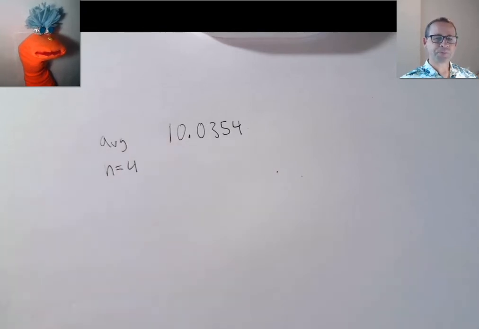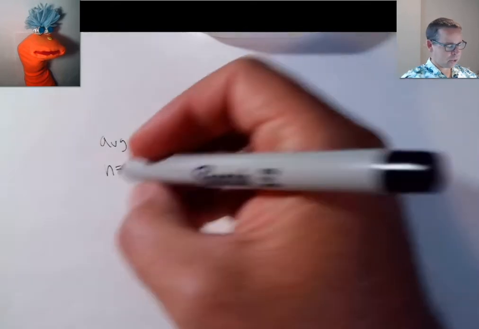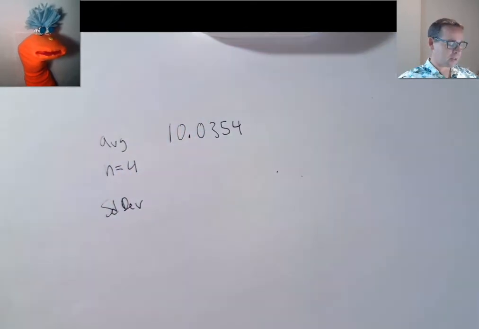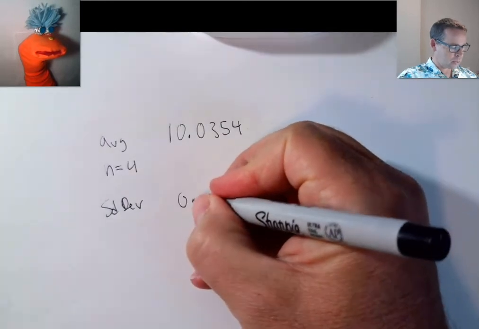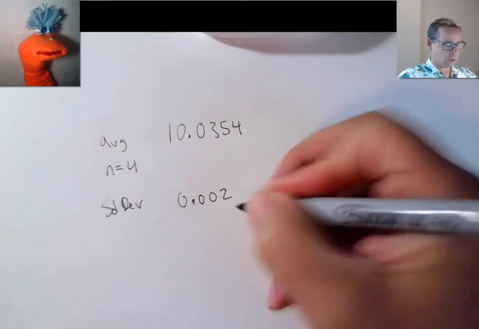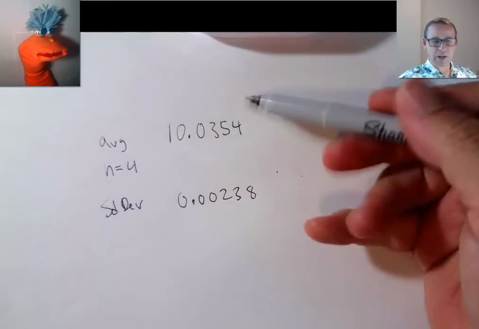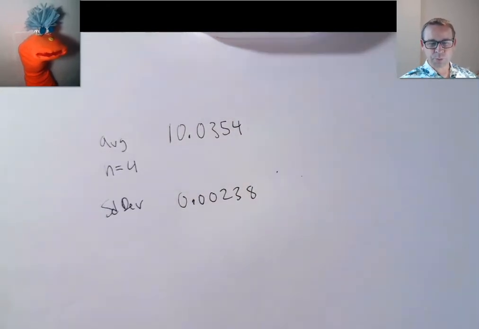Now, when I take the standard deviation, I get a value of 0.00238. These are the values that the spreadsheet spits out for me, right? Now do you remember, we talked about this already, but I'm afraid some people won't have realized it.